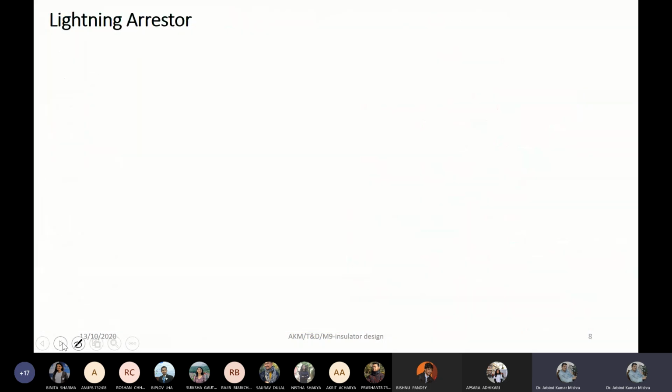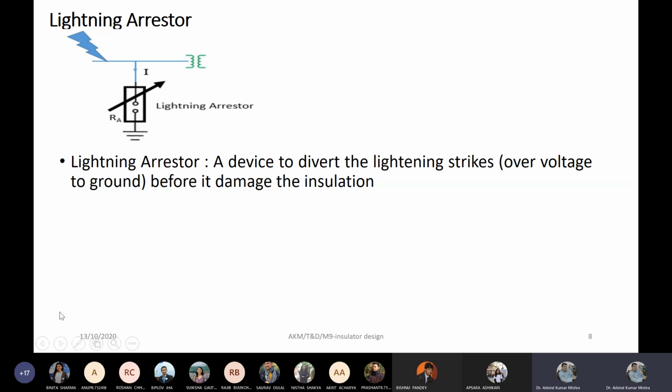And one of the options used for the protection against lightning is the lightning arrestor. So what is a lightning arrestor? Just before going into detail, understand what a lightning arrestor is. A lightning arrestor is just a non-linear resistor.